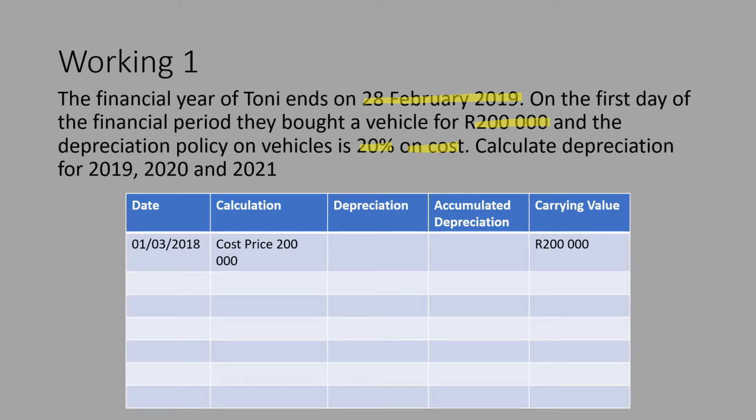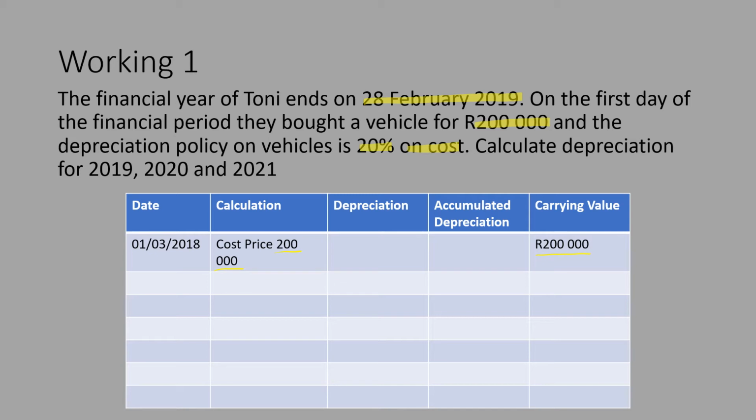Okay, so let's try and calculate. On day 1 when it was bought, it had a carrying value of 200,000 and a cost price of 200,000. So it's the same.